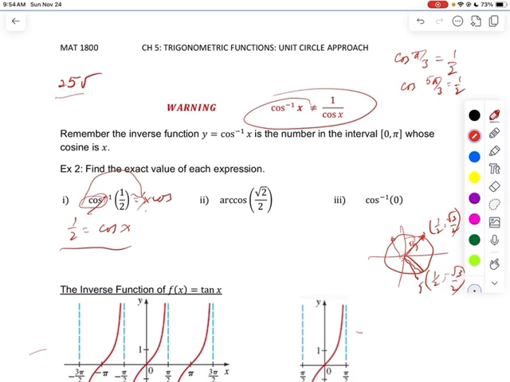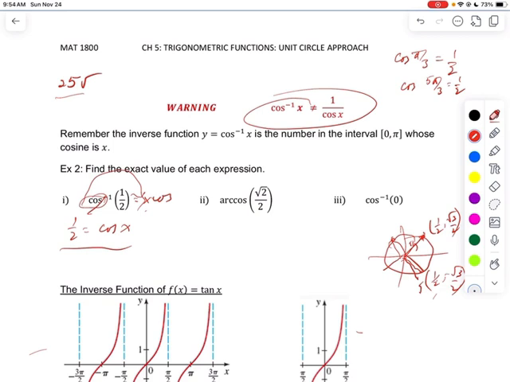Again, if you recall the table values, the cosine of pi over 3 is 1/2, and also cosine of 5 pi over 3 is 1/2. How? Well, cosine is positive in the first quadrant and in the fourth quadrant.